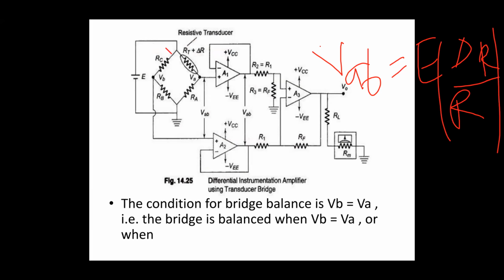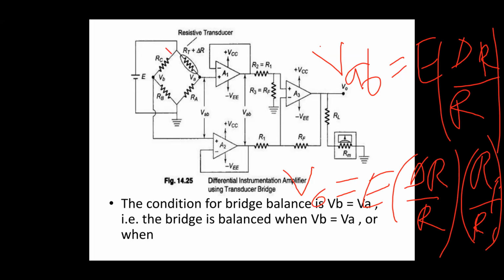So the output voltage V0 is equal to the gain into VAB, which is E into delta R by R into the gain. The gain of the amplifier is selected depending upon the sensitivity of the strain gauges and the full scale deflection requirements of the meter. The meter is then calibrated in grams or kilograms to give the weight.